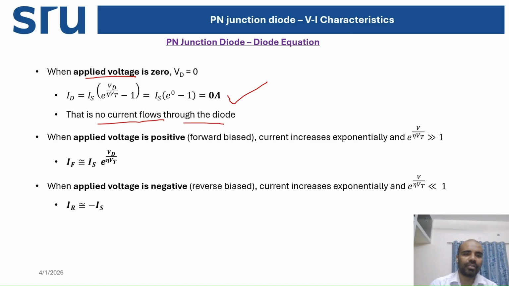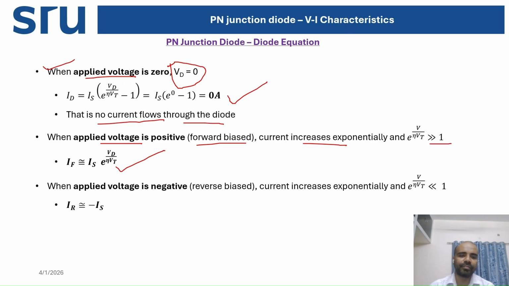So if you do not apply voltage to the PN junction diode, you will get no current as per the Shockley current equation. When the applied voltage is positive, that is, at forward bias condition, the current increases exponentially, right? Because e to the power V by eta V_T is much greater than 1.